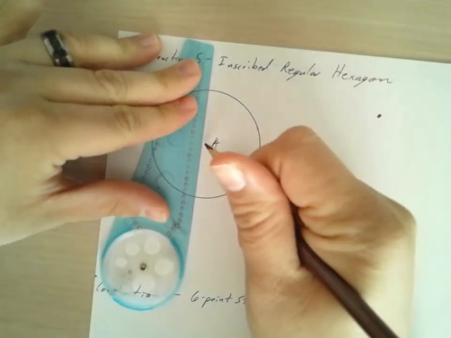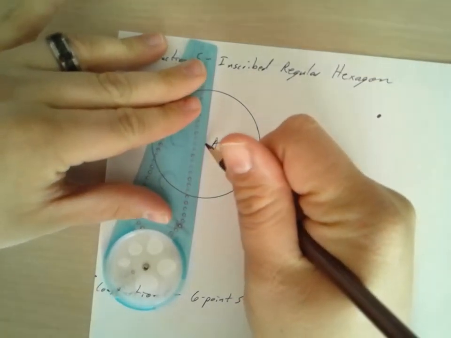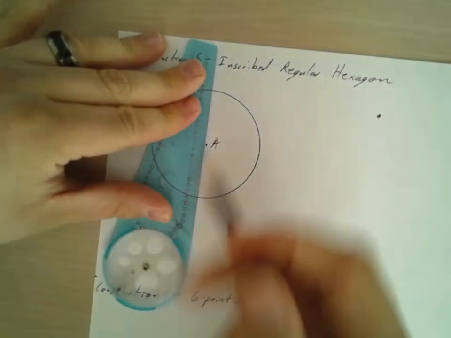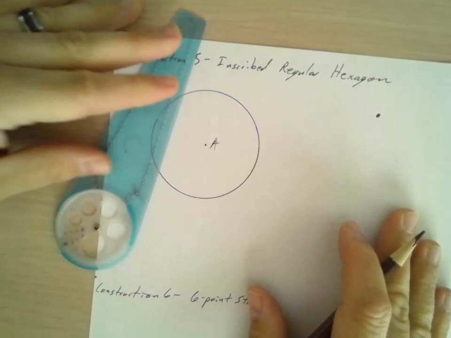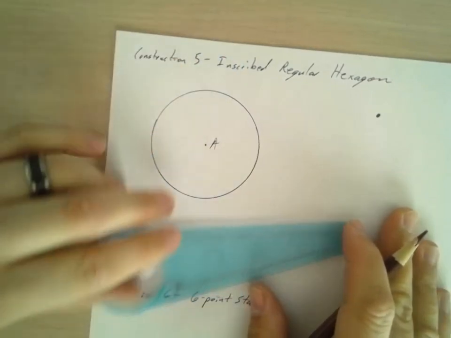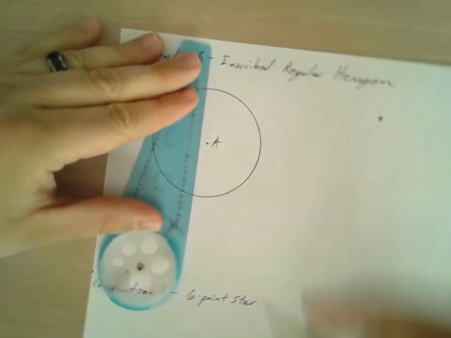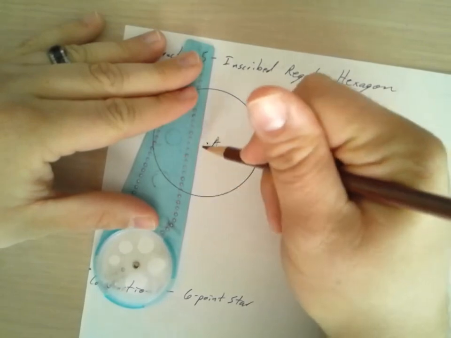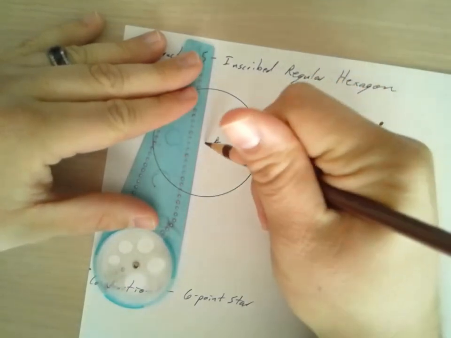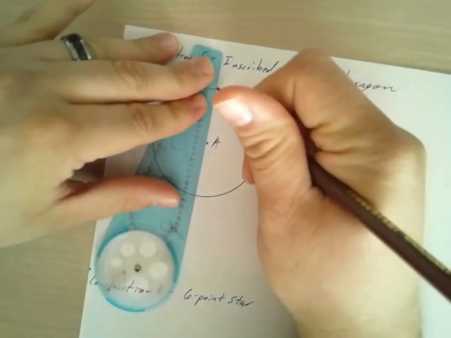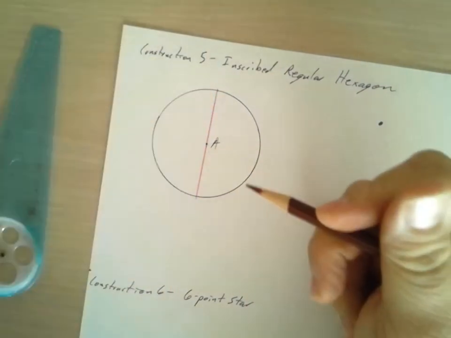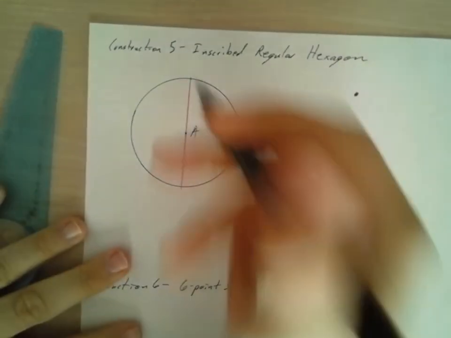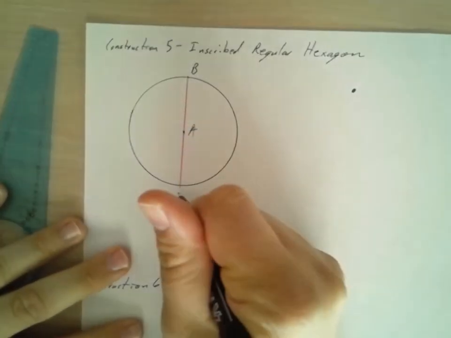So I want to put my pencil down on that mark first to line up my compass. It does not matter what angle you're at, because the diameter is simply any line that goes from one side to the other and through that center. As long as it goes through the center, starts on one side and ends on the other, this is a diameter. We go ahead and name those B and C.